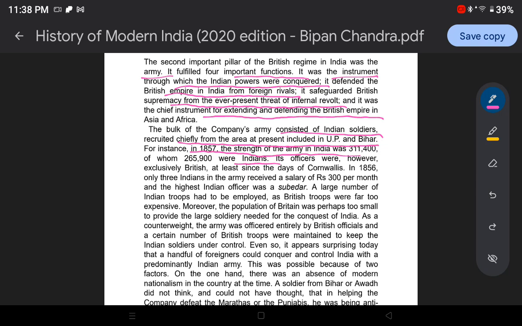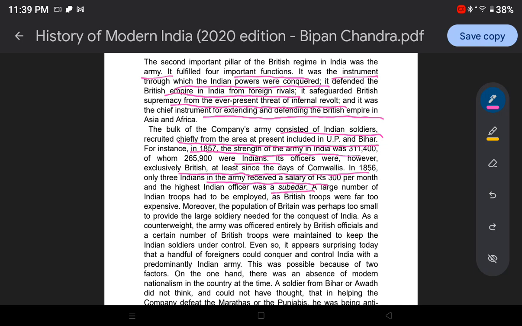Its officers were, however, exclusively British. At least since the days of Cornwallis, until 1856, only three Indians in the army received a salary of Rs 300 per month, and the highest Indian officer was a Subedar.